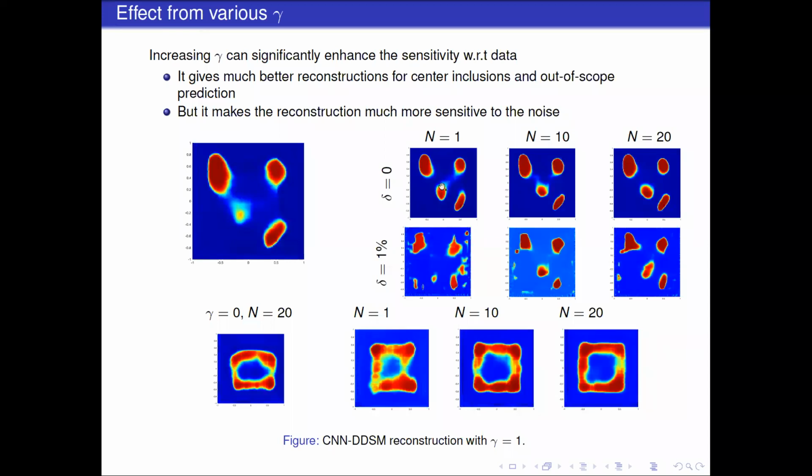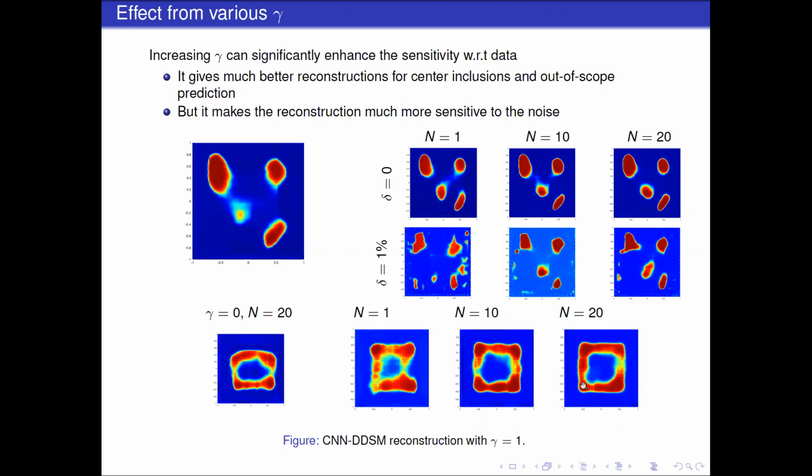But if we use non-zero gamma, the reconstruction of the center inclusion is much better. It's almost accurate, and also for this lunar, if we use non-zero gamma, its reconstruction is much more accurate, especially with multiple data pairs.